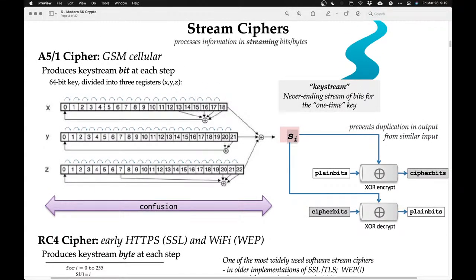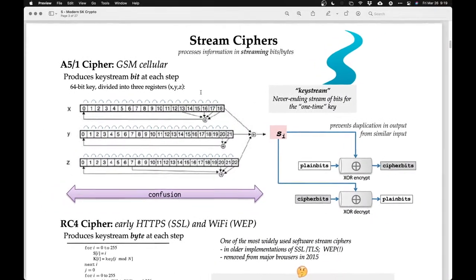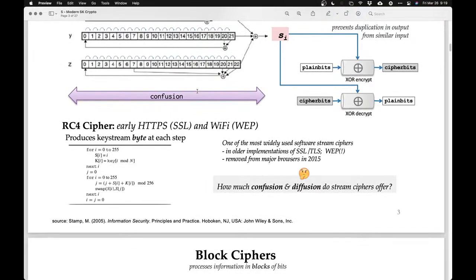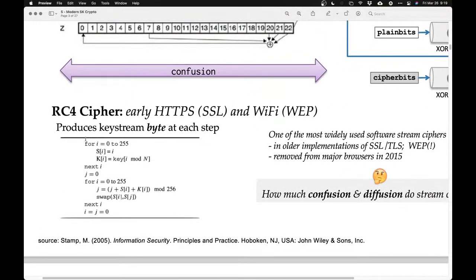So this is how a stream cipher typically looks, and this stream cipher is producing a key stream of bits. It's producing 0s and 1s continuously. There are other ciphers. Remember, A5/1 is used, or maybe sometimes is still used, for 3G or 4G communications. Another cipher is called the RC4 cipher.